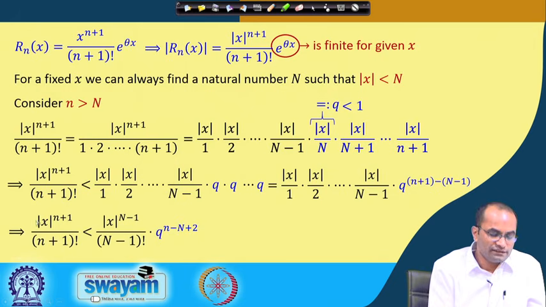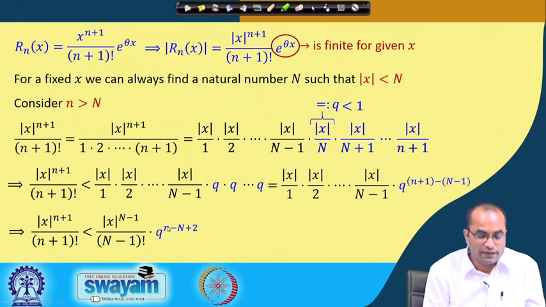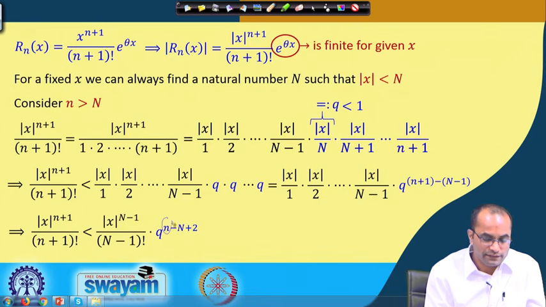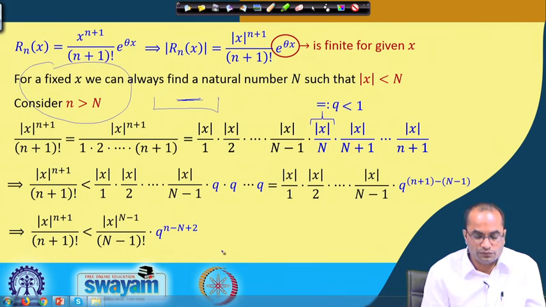Now we can take the limit here. When n goes to infinity and q is less than 1, then q to that power goes to 0, and here only some fixed number is appearing. So, everything goes to 0, and the absolute value of this remainder term goes to 0.